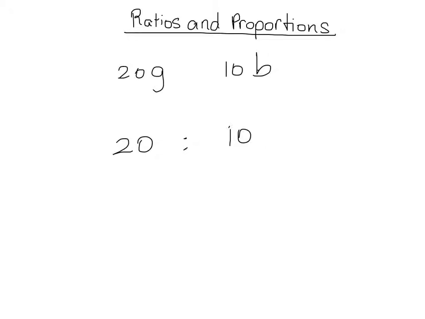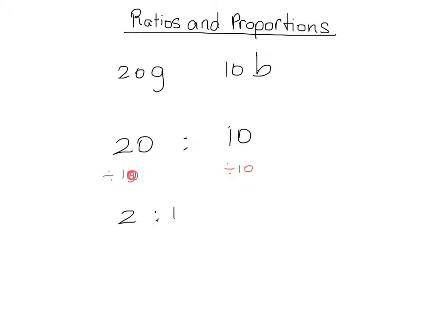Alright, but normally when you see a ratio, it is actually reduced as far as possible, meaning if there are any common factors between these two numbers, we want to divide by the greatest common factor. The greatest common factor of 20 and 10 is 10, so we can divide both by 10, and we get that the ratio of girls to boys is actually 2 to 1.